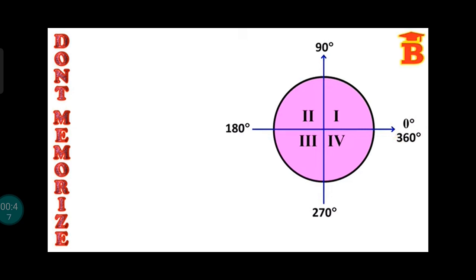We know that there are 6 trigonometric functions: sine, cos, tan, cot, secant, cosecant. In first quadrant all are positive. In second quadrant only sine and its reciprocal cosecant are positive.